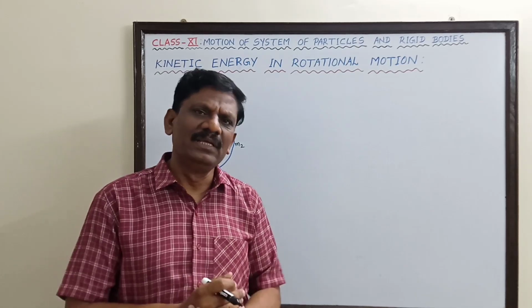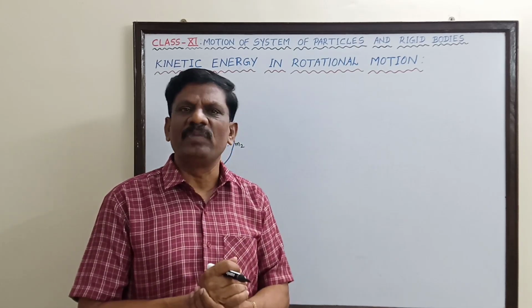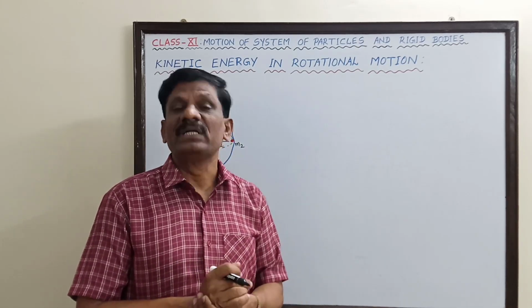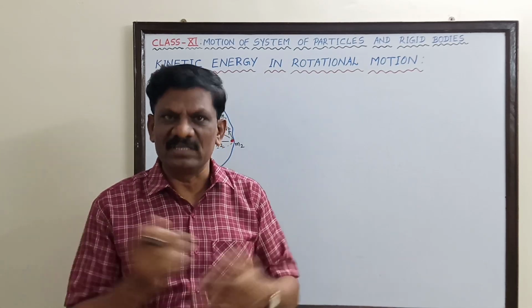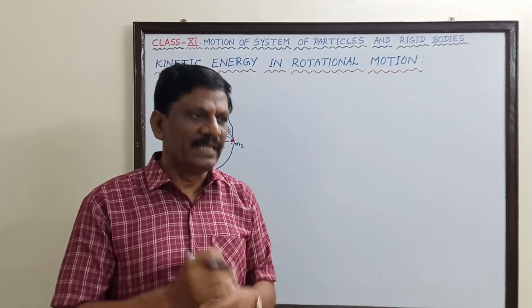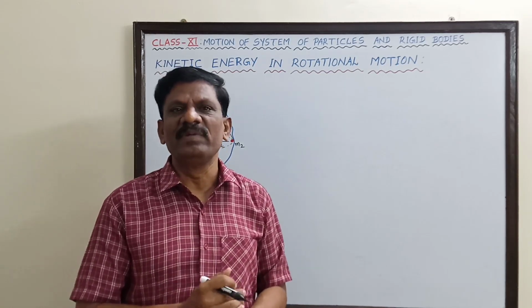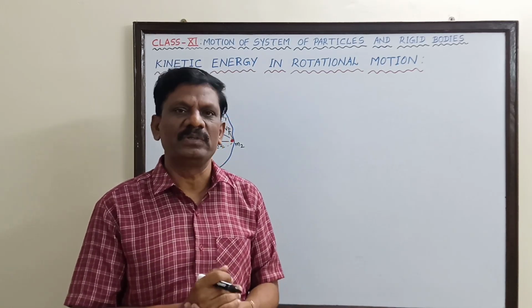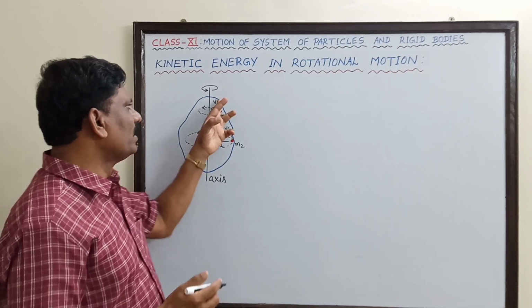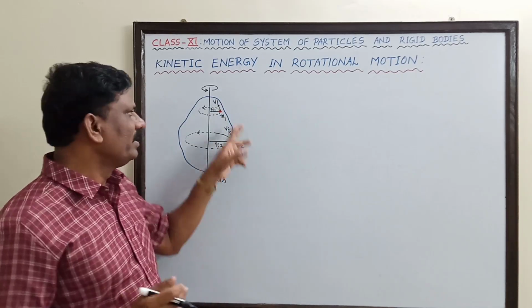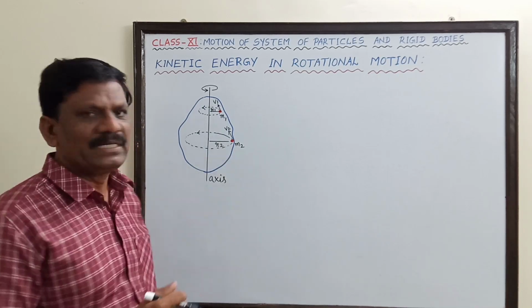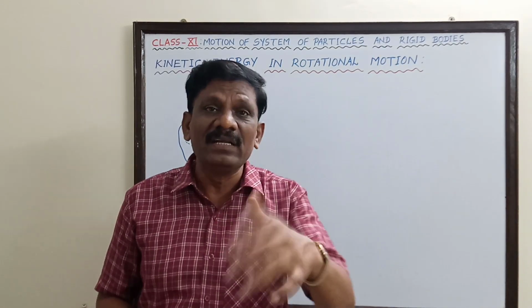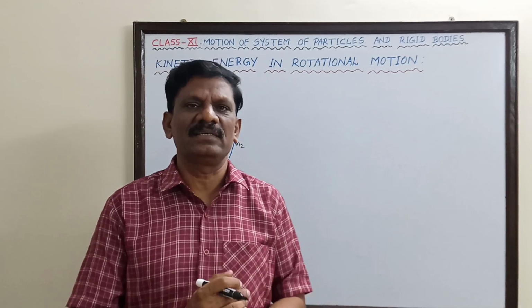So naturally, the time taken by the two particles will be the same, but the distance travelled along the circumference will be different. Therefore, their linear velocities will be different in magnitude. In magnitude, v1 will be lesser and v2 will be greater. Is it not? So the particles all will have different linear velocities.